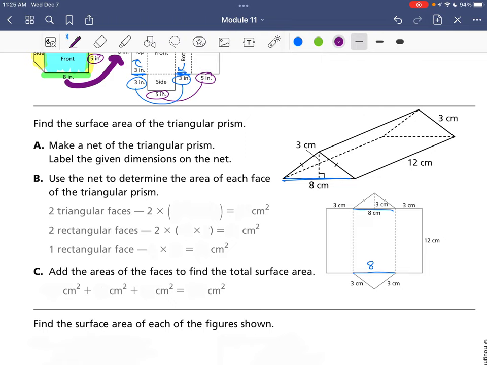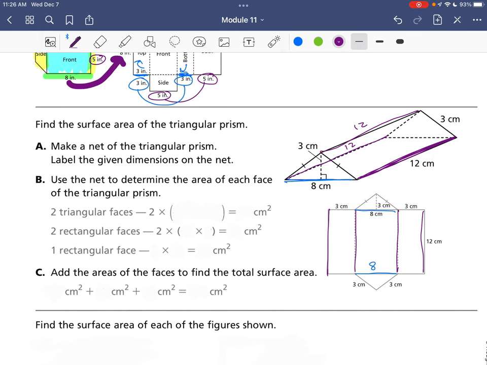Note that on yours, you can use a highlighter, colored pencils, colored markers to keep your units lined up from your actual object to the net. So from the top triangle to the bottom triangle, that distance is 12. So all of these distances here will be 12. This in the back, when it's dashed, that means it's in the background, but it's still 12.